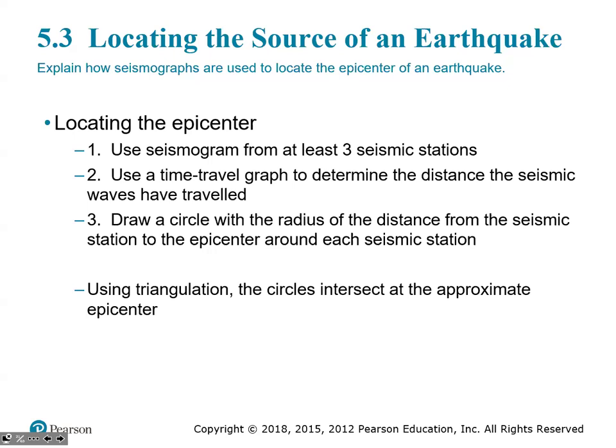If you use GPS for anything, it uses this same idea of triangulation to find your location. The way GPS works is it figures out how far you are from several satellites orbiting the Earth, draws spheres, and where those spheres intersect, that is your location. It's a little different. It's based on the time it takes for light to travel from the satellite to your phone, your GPS detector.